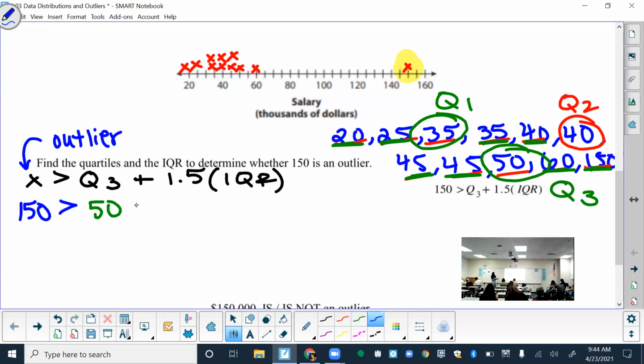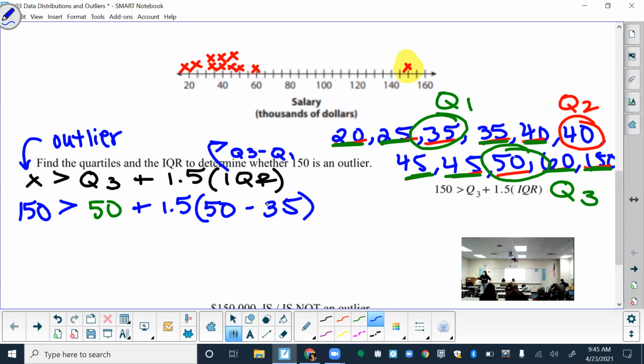And then plus 1.5, which we originally had, times the IQR. Well, what's the formula for IQR? I'm going to put Q3, which was 50, minus Q1, which is 35. Now you could solve this by hand on the right side, or you can put it into your calculator.